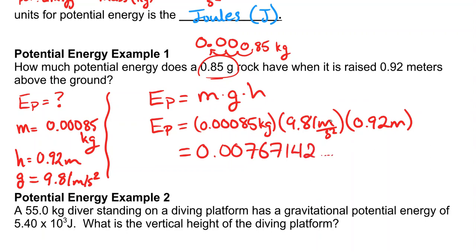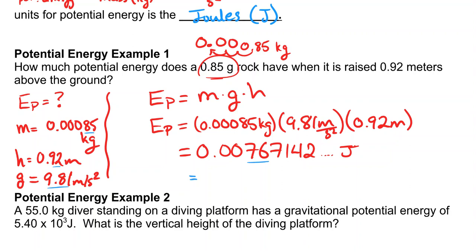And it's kilogram meters squared, meters times meters. But, I mean, it's energy. It's just a joule, right? Here we go. As always, anytime we have an answer, we need a number with correct significant digits and the unit. So we have to round. Here we go: 2 significant digits, 2 significant digits, 3 significant digits. So we have to round to 2 significant digits.